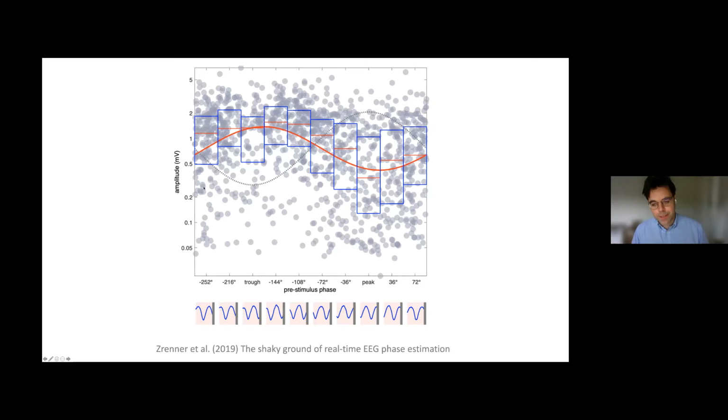So this is just after the experiment with 1,000 pulses, sorting each pulse into a phase window. You can see at the bottom there's a negative peak, positive peak. So this would, for example, be the average pre-stimulus EEG. Here we're in the negative peak, that's this phase bin, and then the positive part here.